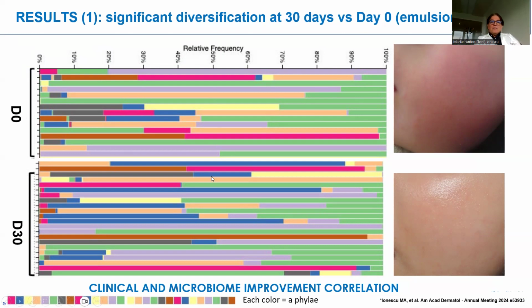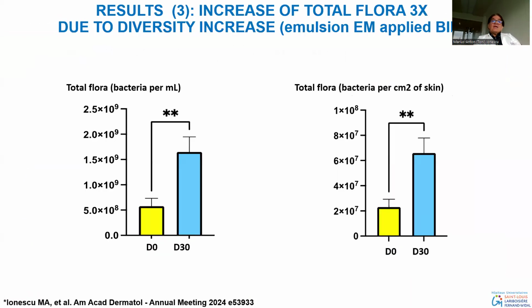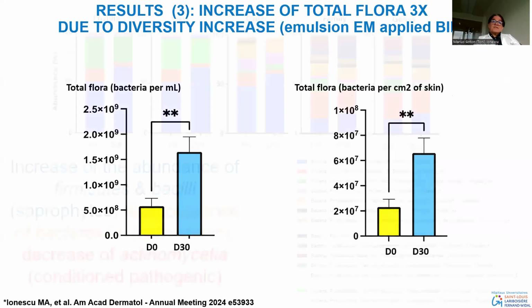And here you can see many more colors. That means that the diversity increased at the end of the study after twice daily applications. And here, even in terms of total flora, there was a 3 times increase due to the diversity increase in terms of bacteria per milliliter and per square centimeter of skin.